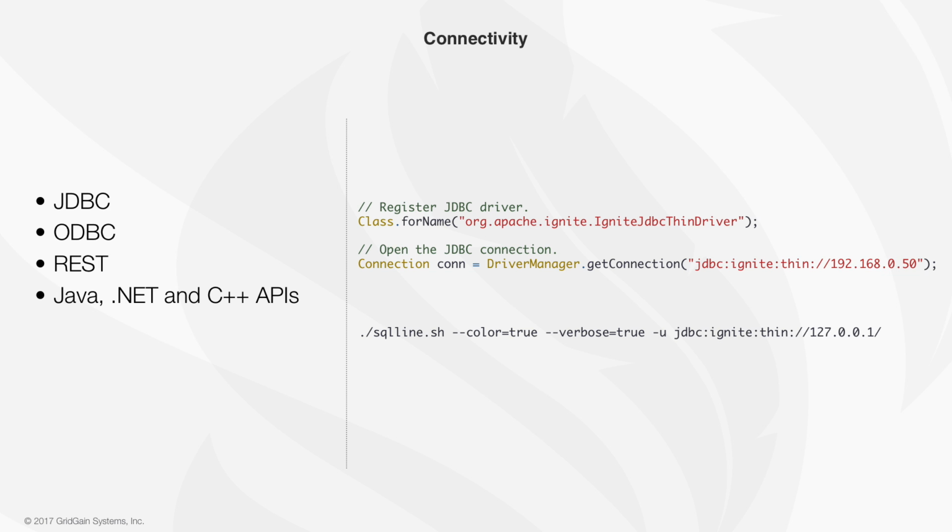For instance, you can connect from your Python application, or from your favorite analytics tool like Tableau or anything else, and you can start working with your cluster solely by means of SQL queries. Well, how do we connect to this cluster? As I said, starting from the bottom, we do have Java, .NET, and C++ libraries.